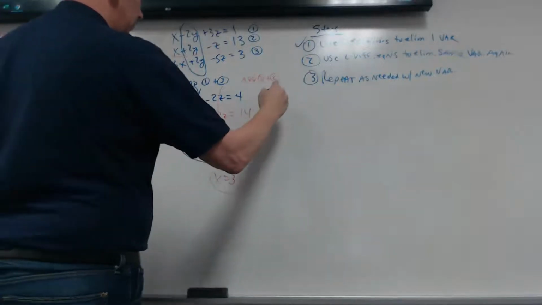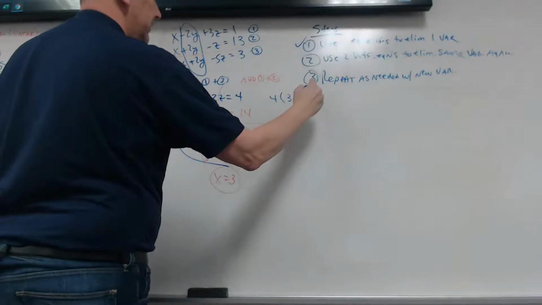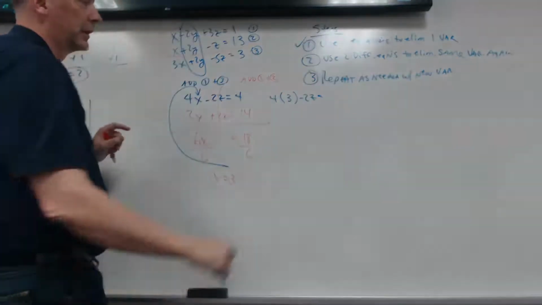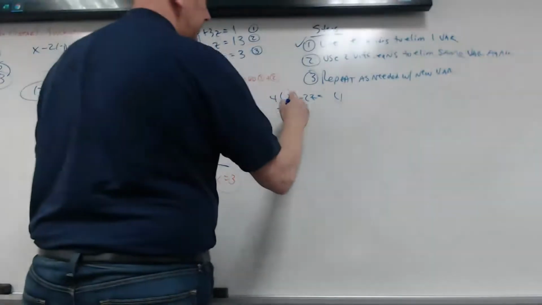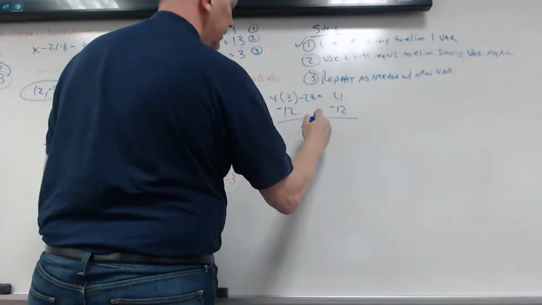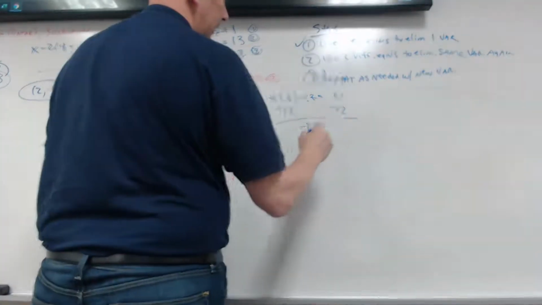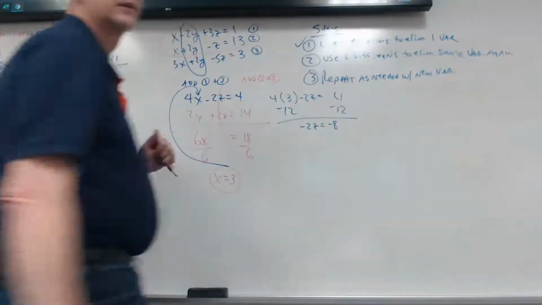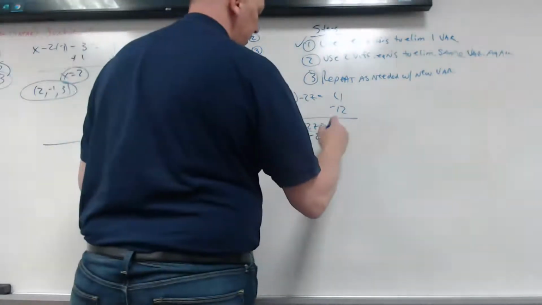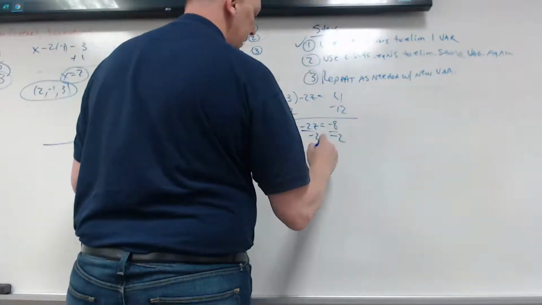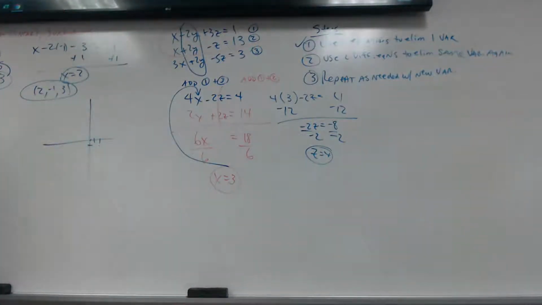So we're going to get 4 times 3 minus 2z equals 4. 4 times 3 is 12, so we're going to subtract 12. Negative 2z equals negative 8. Just like you said. Divided by negative 2, z equals 4. Okay? Now you have x and z.